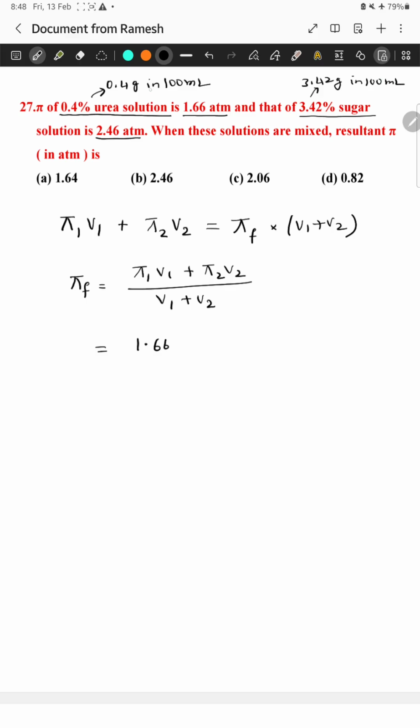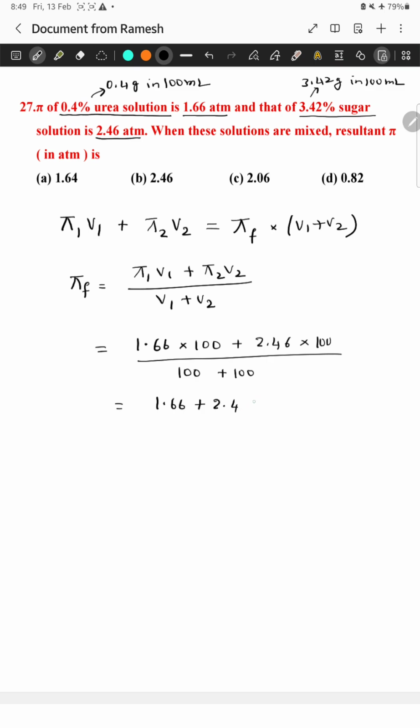So therefore urea solution volume is what? 100. So V1 is 100, plus pi 2, second osmotic pressure 2.46 into V2, means sugar solution volume, that is also what? 100. So divided by denominator, V1 is 100, so V2 is also what? 100.